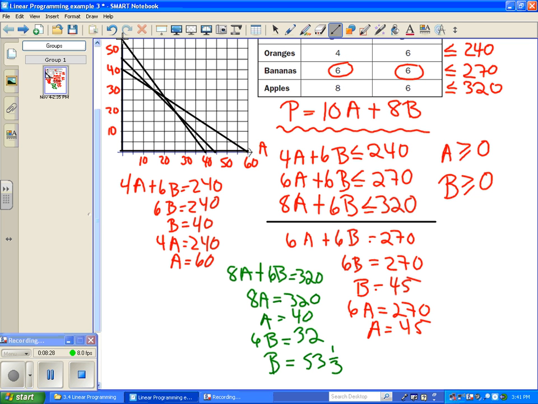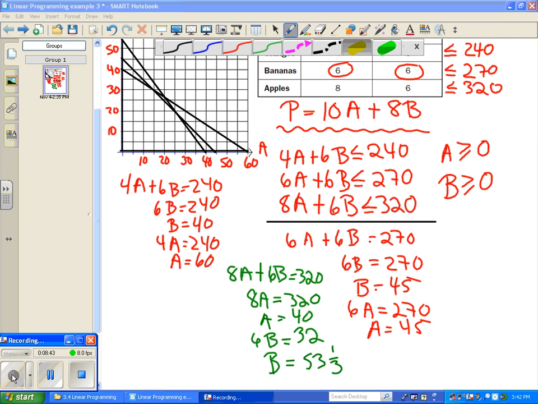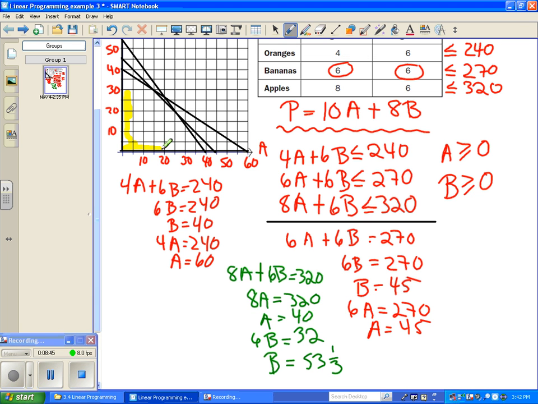Okay, so now that we have our feasibility region, we want to figure out where the maximum is. If we look at the region, I'm going to fill it in. This right here is our region, so all our solutions are within this yellow region.